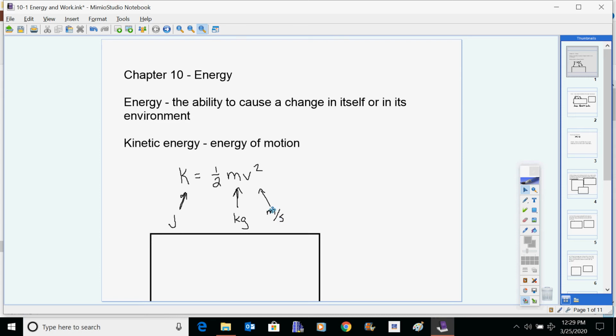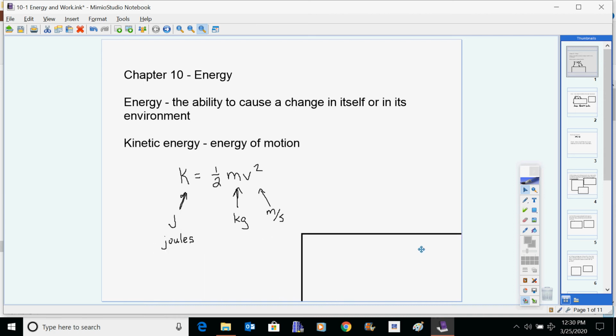So it's really kilogram meter squared per second squared. But we have another unit, and it's called a joule. It's with a capital J. That is a shorthand way of writing a kilogram meters squared per second squared. So we have this new unit, a joule.